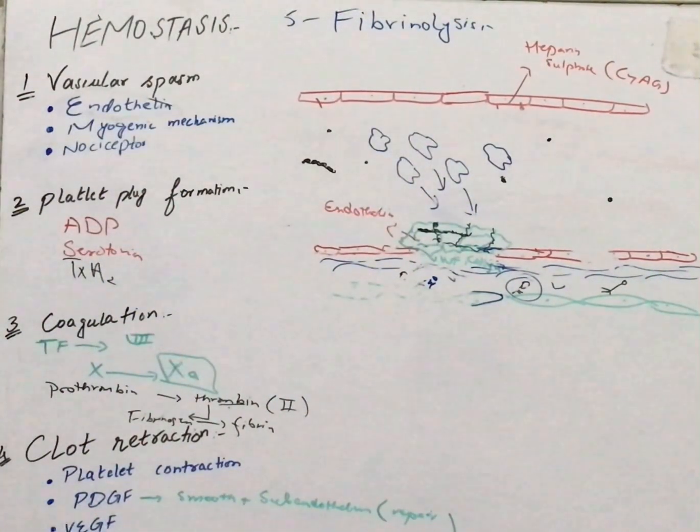Fibrinolysis, as the name indicates, means this meshwork of fibrin will break down into pieces, so that there is a check over clot formation. How does this fibrinolysis occur?